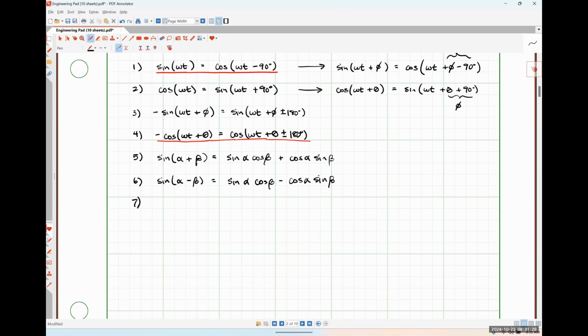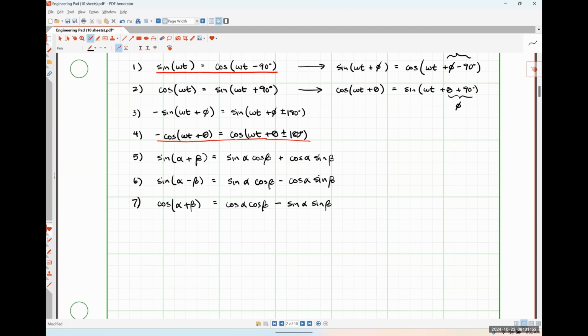Number 7 is cosine of alpha plus beta, and that is equal to cosine alpha cosine beta minus sine alpha sine beta. Just to be clear, I did not mess up the negative sign there in the middle.